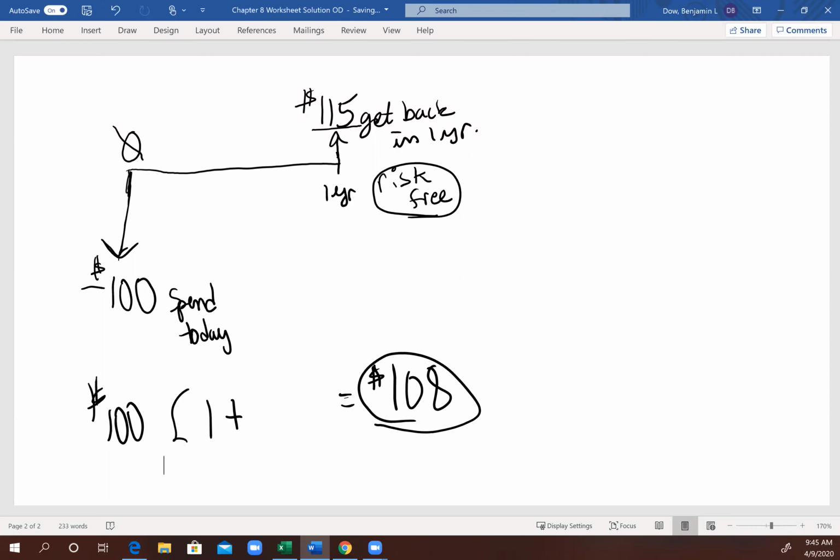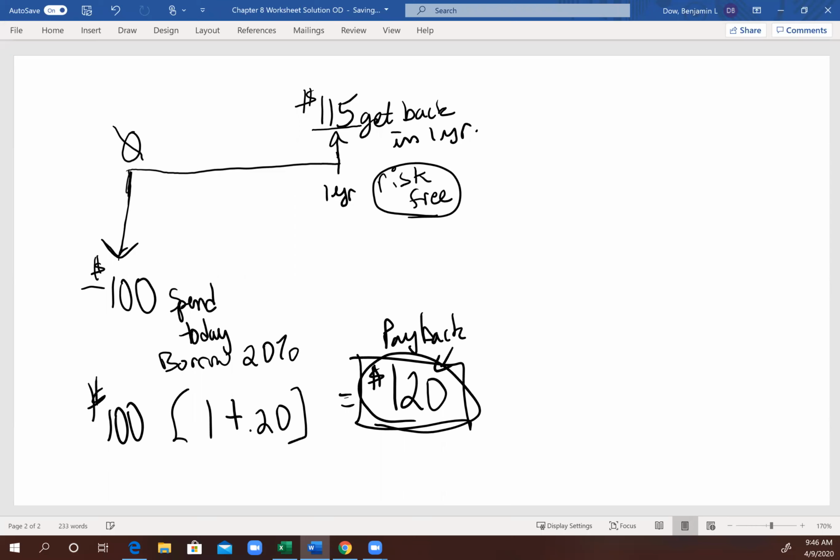It's kind of hard for us to see because the interest rate seems so high. But what if you couldn't obtain credit very easily? And in fact, you had to borrow money at 20% interest. If you had to borrow money at 20% interest, then this is what you have to pay back.